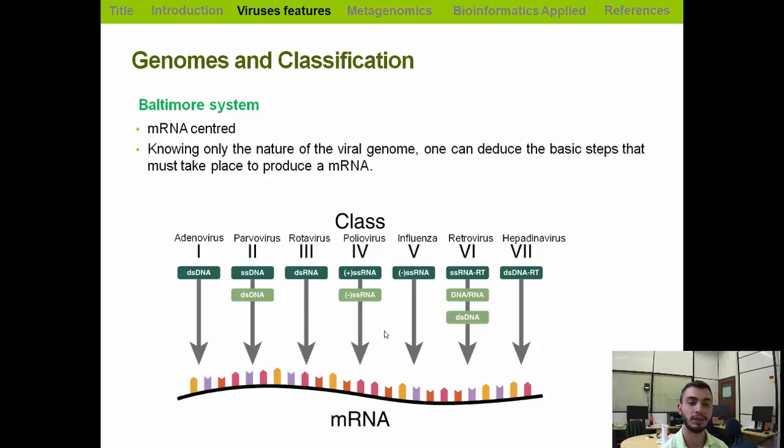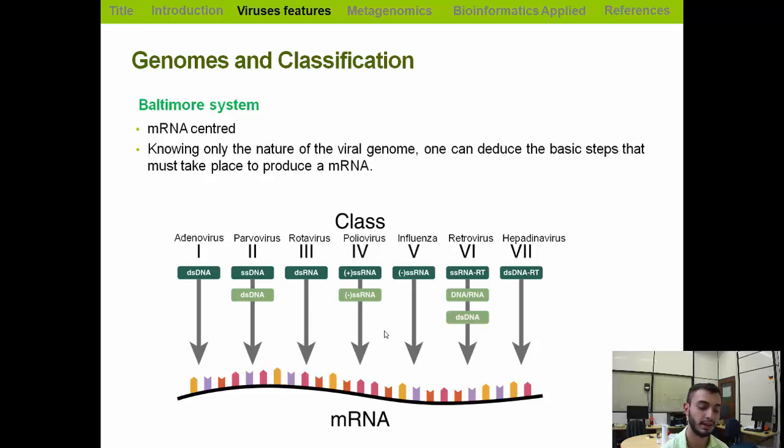This DNA molecule will become a double-strand DNA, and this double-strand DNA will integrate in the genome, and it will become a provirus, and this provirus will then be transcribed in mRNA. It's a very different strategy.